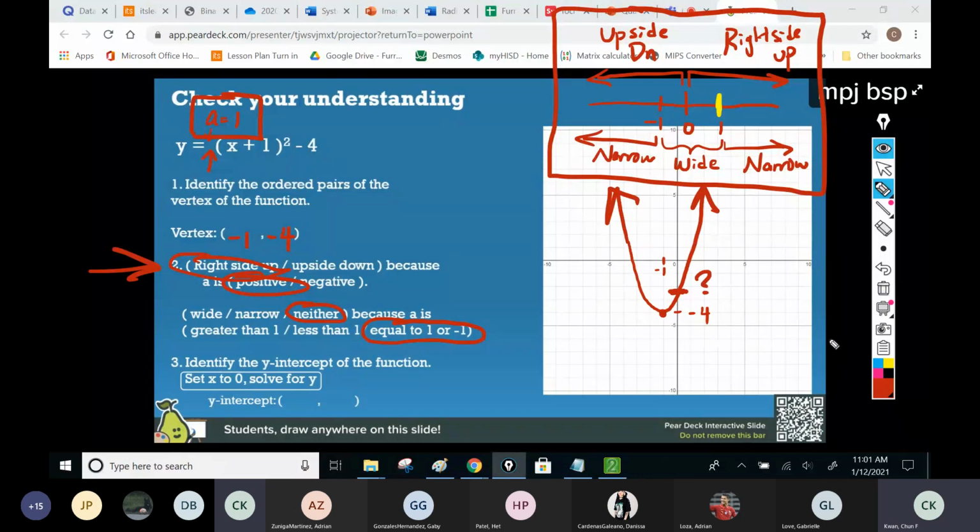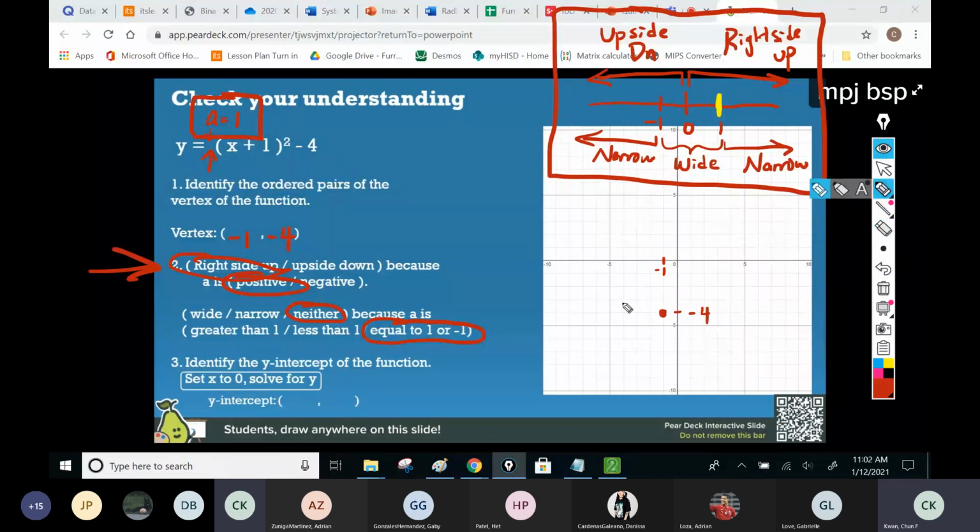We have to find the y-intercept. Since this is a rough draft, you can't really tell where the y-intercept is. So don't trust your rough draft, because the graph could cross right here, right here, or right here. You can't tell exactly which one is the correct y-intercept. You have to find it.